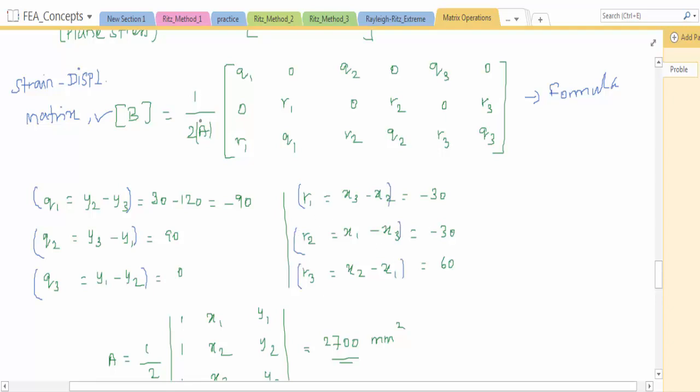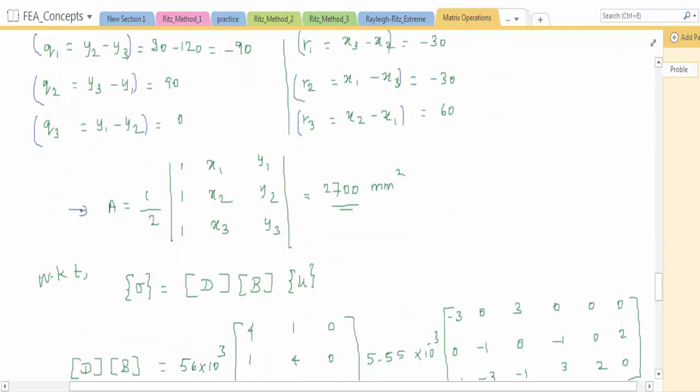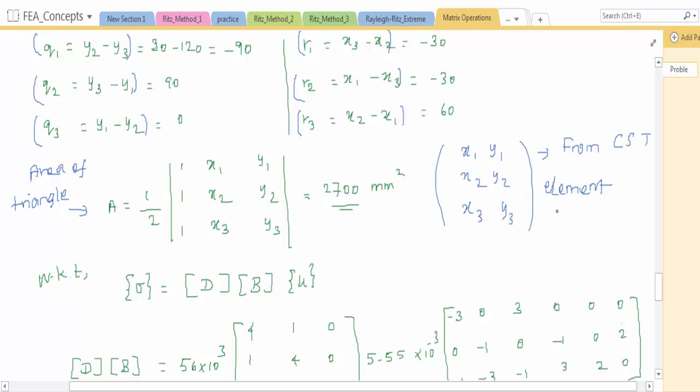And A is the area of the triangle element, which can be easily found out by using this formula. These are all the things we have already discussed. So x1, y1, x2, y2, x3, y3 can be taken from the given diagram of the CST element, that is the coordinates of nodal points 1, 2 and 3.